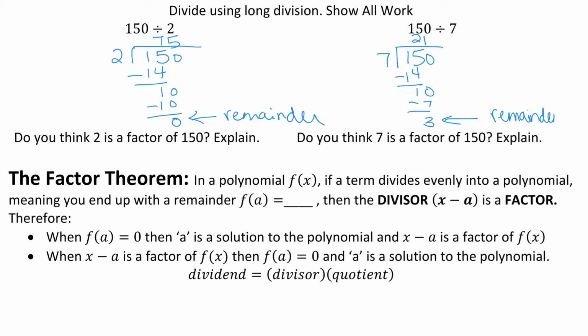Do you think 2 is a factor of 150? Well, it is a factor of 150, and it's mainly because it has a remainder of 0. So yes, it is a factor, meaning it goes into it evenly. It has a remainder of 0.